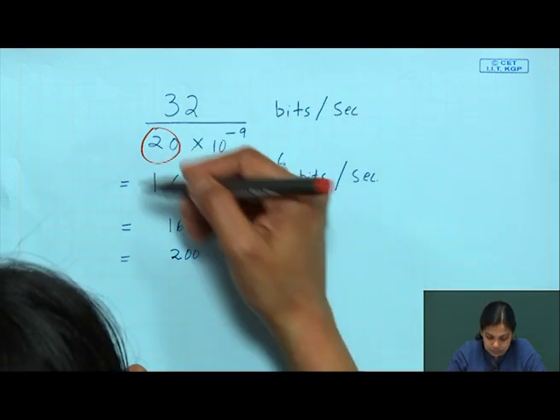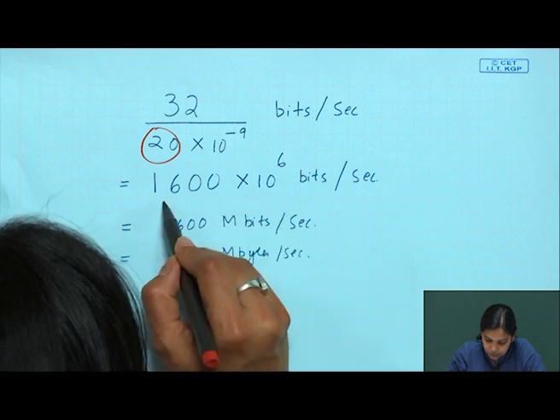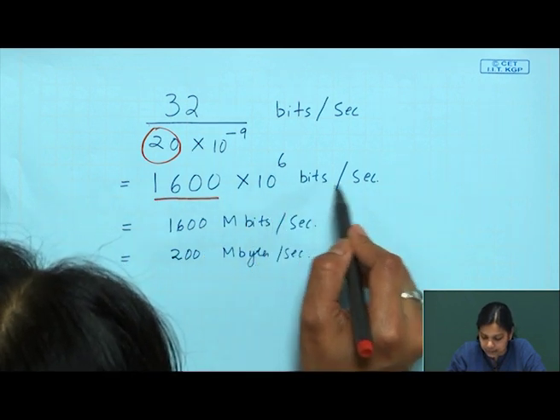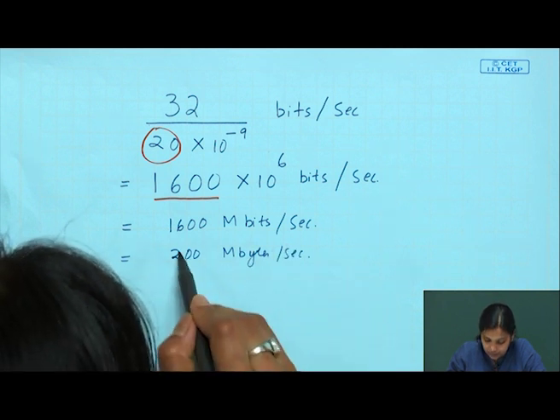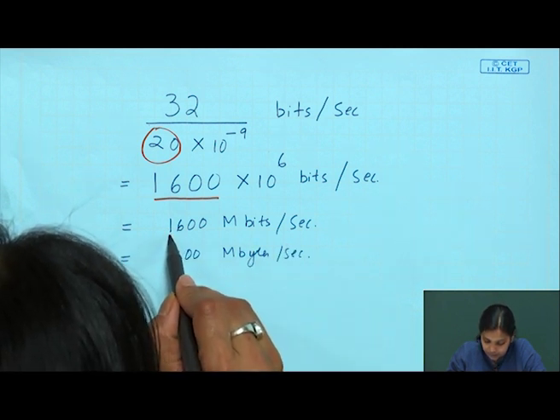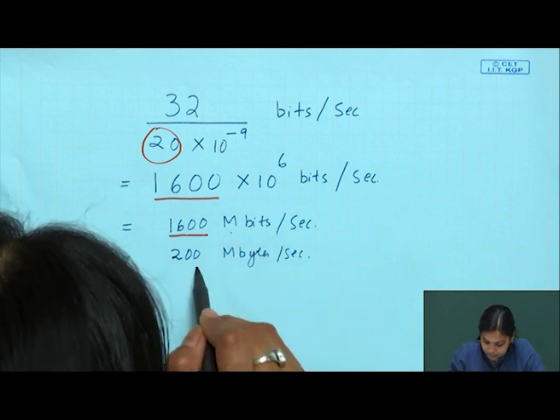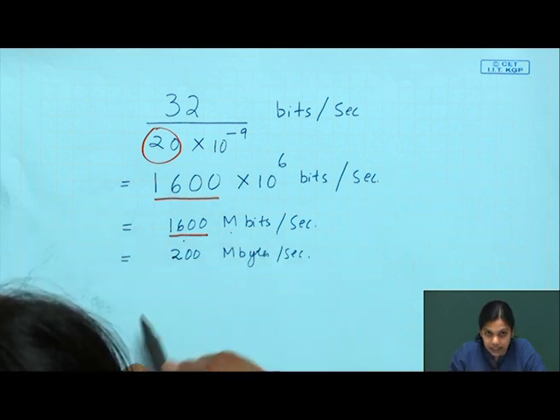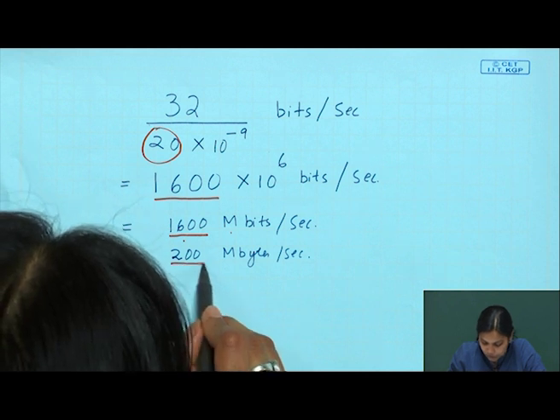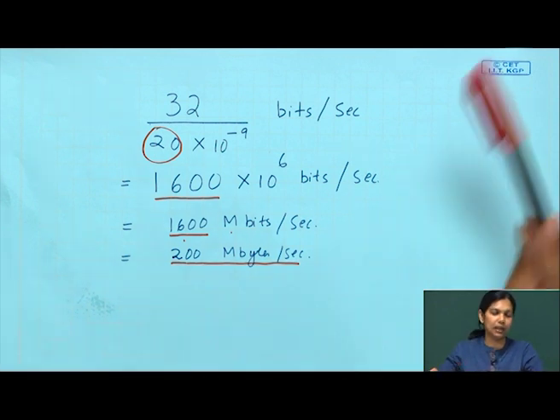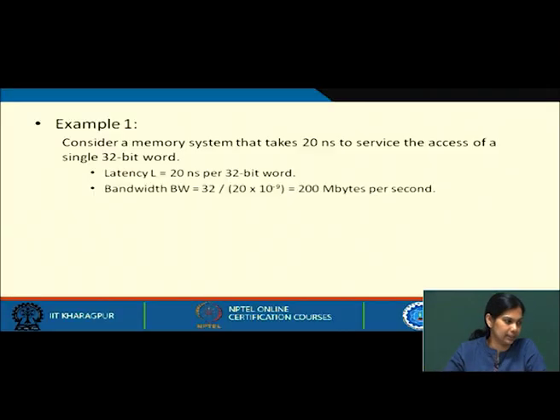This is the bandwidth. You can do the simple calculation, which comes down to 1600 into 10 to the power 6 bits per second, that is 1600 megabits per second. Finally, if you divide it by 8, you will get 200 megabytes per second. So, the bandwidth is 200 megabytes per second.